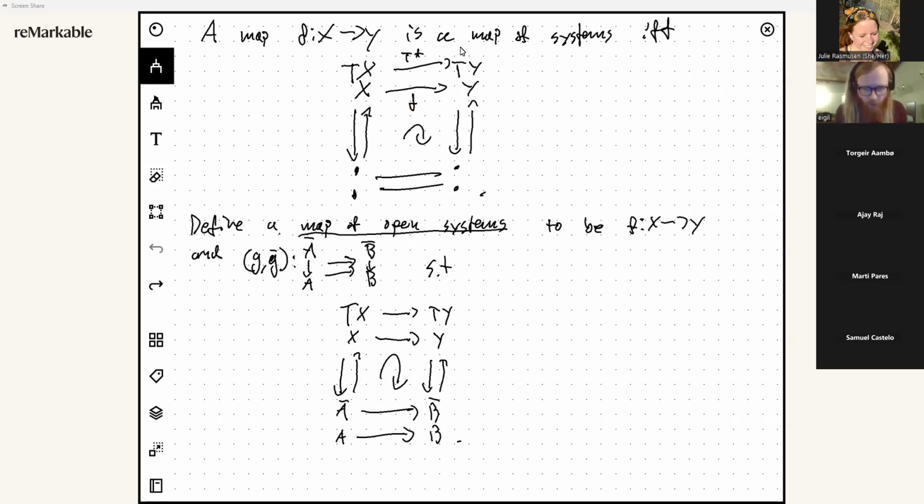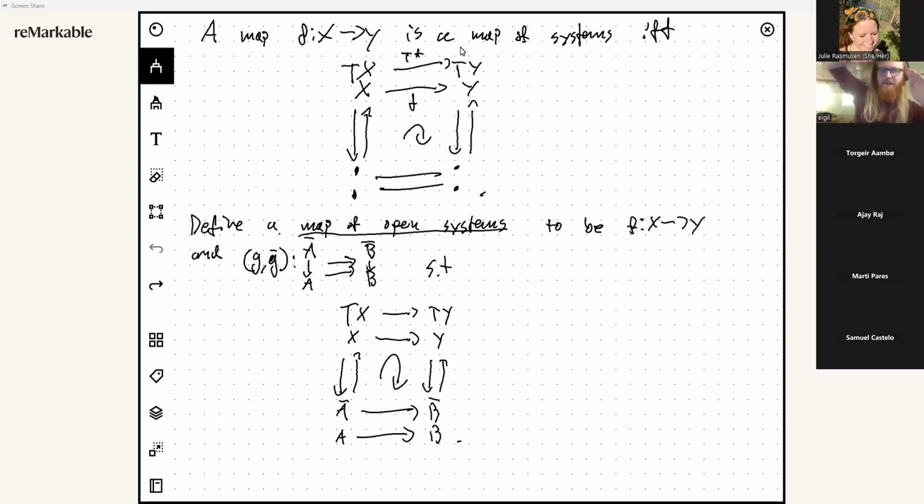So we can define a map of open systems to be a map like that and some chart such that we get a commutative square like this. What this amounts to is that you have some map between the state spaces of the systems and some mapping on the inputs and outputs such that if I'm driving these two systems with corresponding inputs, related by this map, then I'll get the same dynamics.